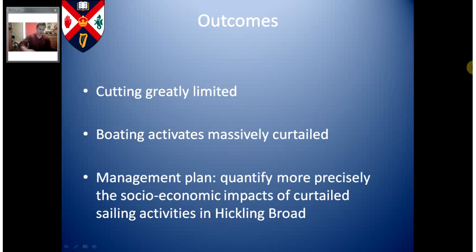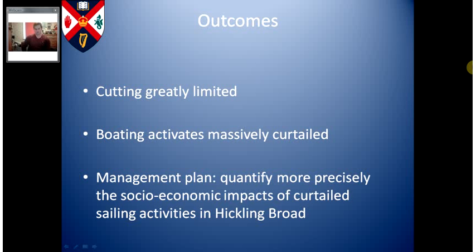So the outcomes: the cutting was greatly limited, from 130 hectares proposed to 14.8. Boating activities were massively curtailed, which annoyed a lot of people, as some of the stakeholder groups, as I mentioned, saw it as a direct violation of what they thought a negative impact on the area was.